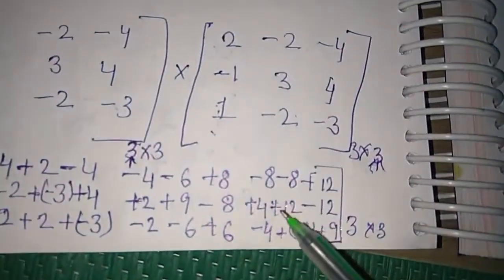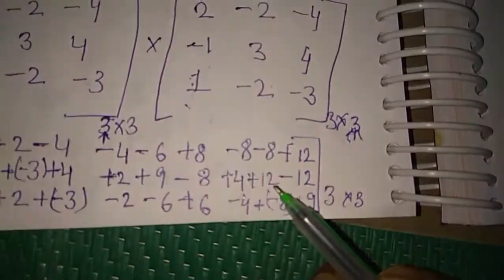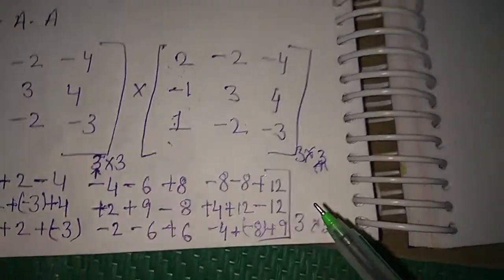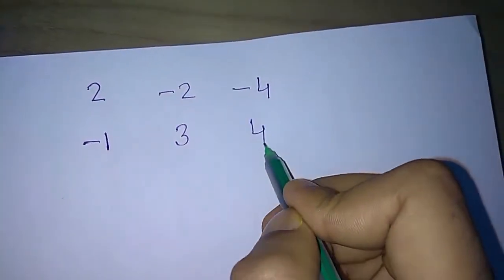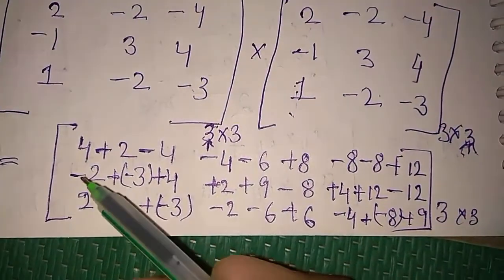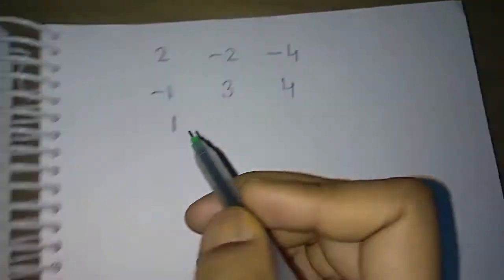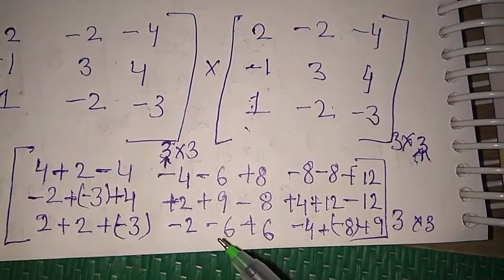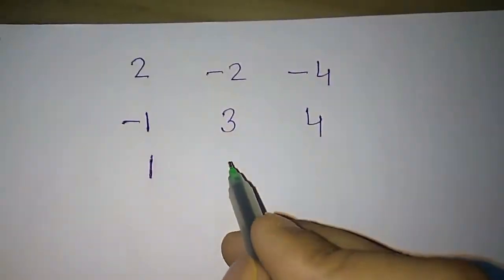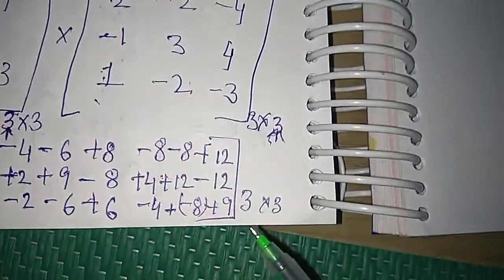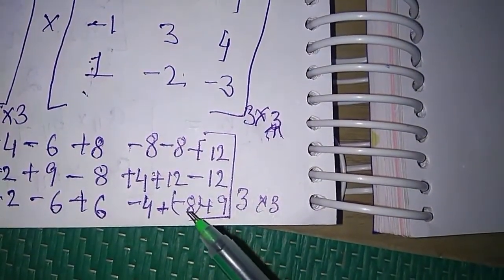Next we have 4 plus 12, 16 minus 12, 4. Next we have 2 plus 2, 4 minus 3, 1. Next we have 6 minus 6 cancel, minus 2. Next we have 9 minus 8, plus 1 and minus 4 minus 3, minus 3.